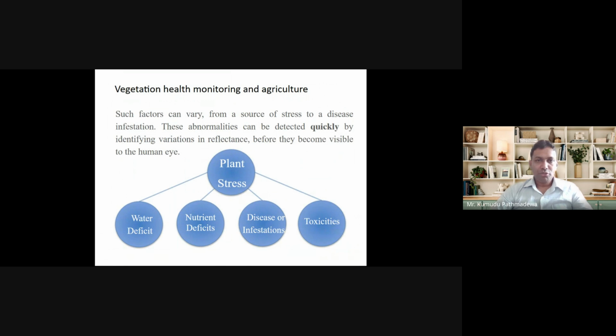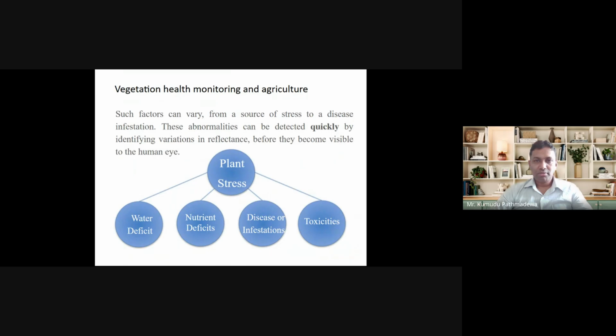This slide visualizes how different stress factors affect crop health: water deficit, nutrient deficiency, disease, toxicities. All of these reduce the plant's ability to perform photosynthesis.